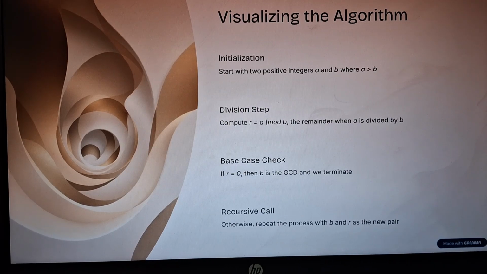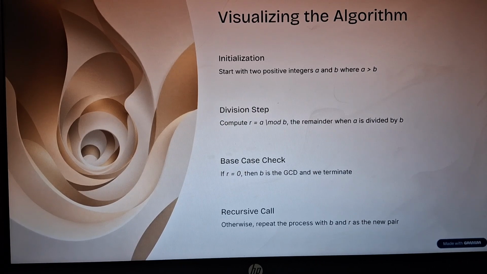A modulo b is nothing but checking the division of a by b, that is 24 divided by 12. Here the remainder is 0. If the remainder is 0, then b is the GCD, that is the smaller of the two numbers is the GCD. Here out of 24 and 12, 12 is the GCD, and we terminate the process.